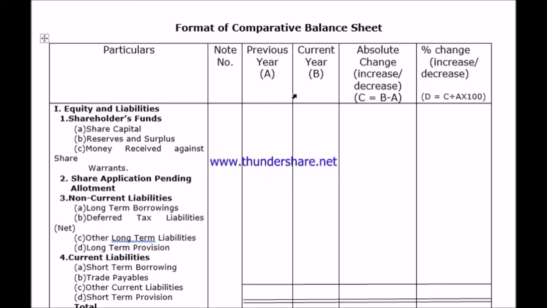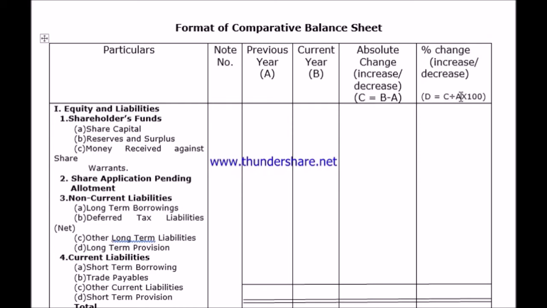The next two columns were different. One was absolute change. Absolute change is equal to value of column B minus value of column A. And percentage change, either increase or decrease, is value of column C divided by value of column A into 100.